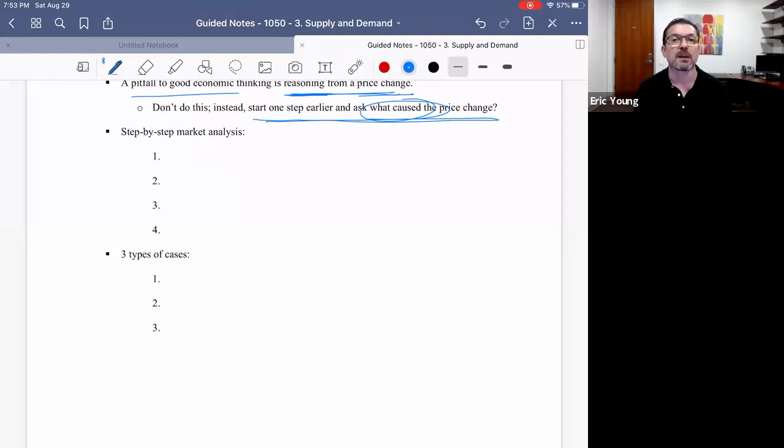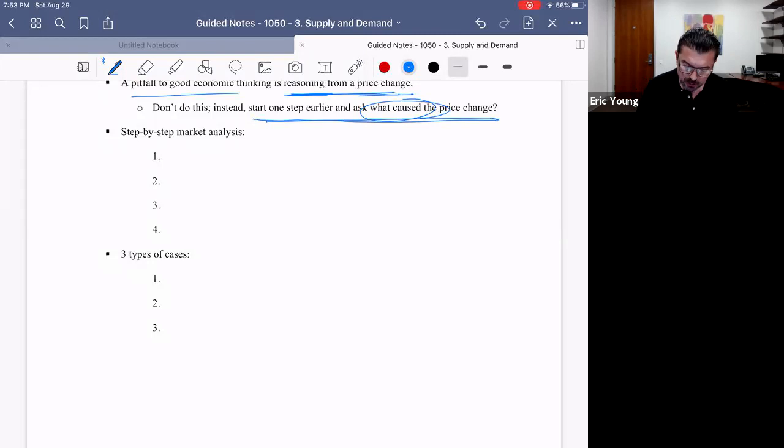So again, good economic thinking is not reasoning from a price change. Instead, it's taking one step back, getting a little bit deeper and asking what happened in this market? What happened to supply and demand to bring about this change, okay? So that's what we're gonna do today.